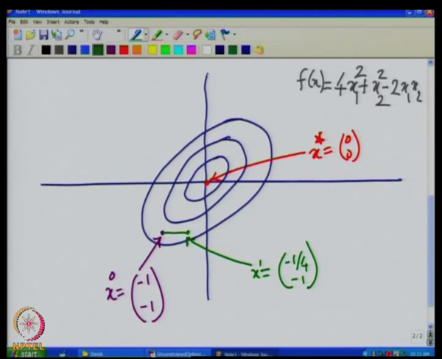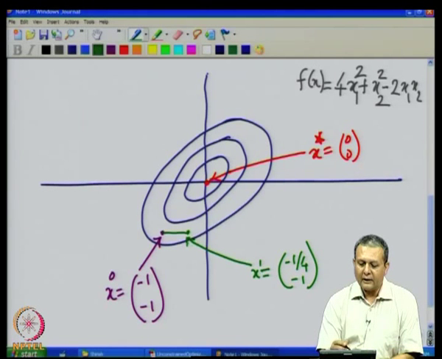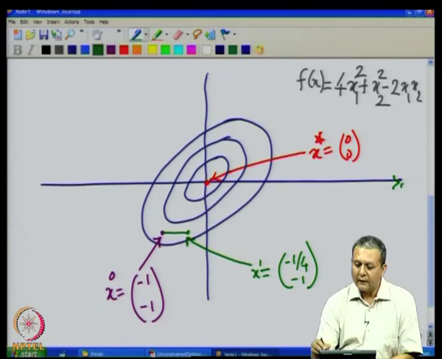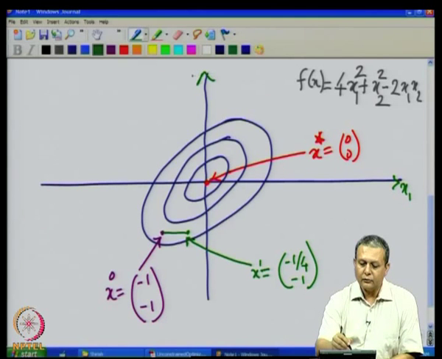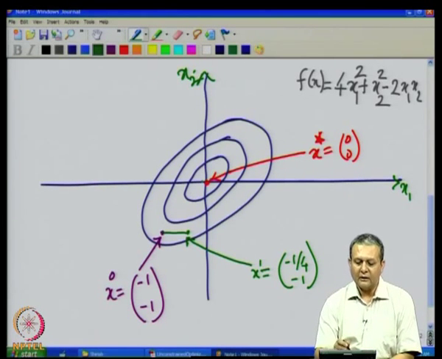So, if you recall, in the earlier case we used the second coordinate direction. So, this is our x1 and this is x2. In the earlier case we used the second coordinate direction and we could not reach the solution in that case.